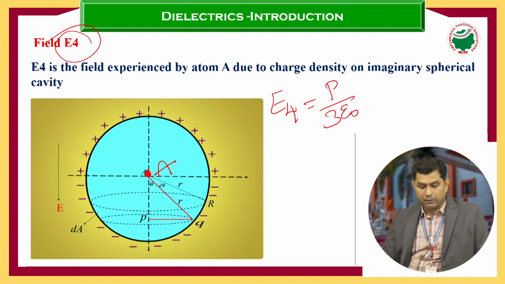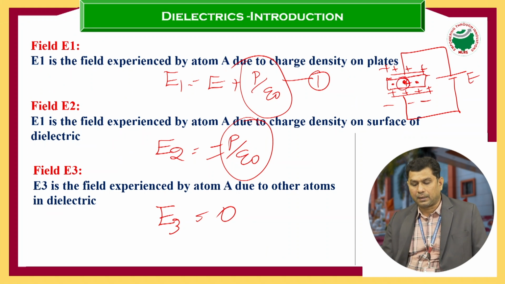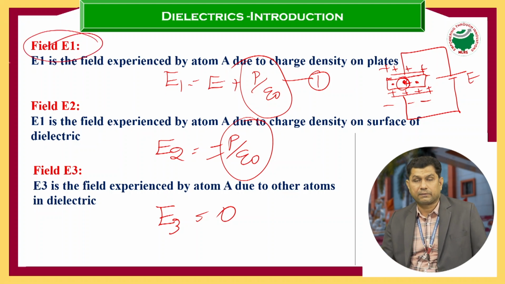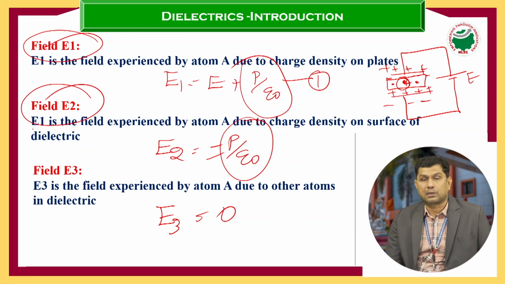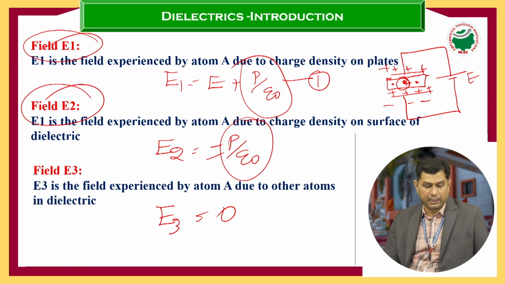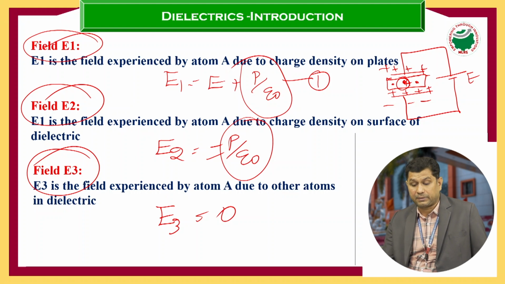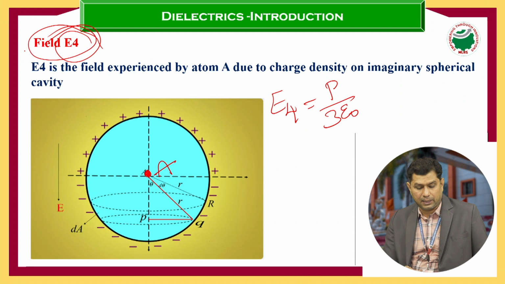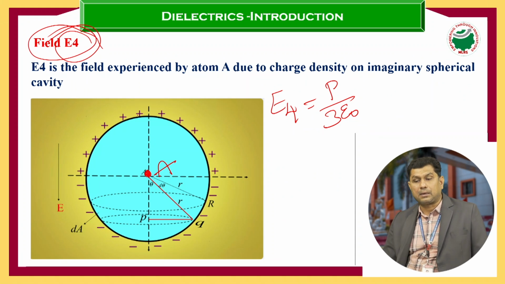So, when we consider an atom and an imaginary sphere, this atom experiences 4 types of fields. Field E1 is because of the charges on the plates of the capacitor. Field E2 is because of the charges on the surface of the dielectric material. E3 is the field because of the other atoms in the material. E4 is the field because of the charges on the imaginary spherical cavity.